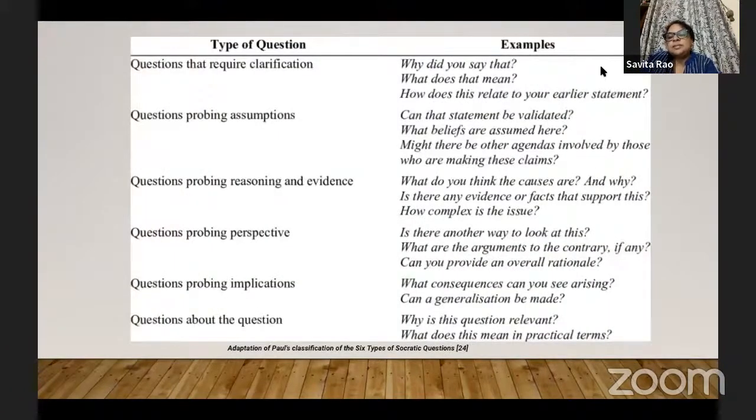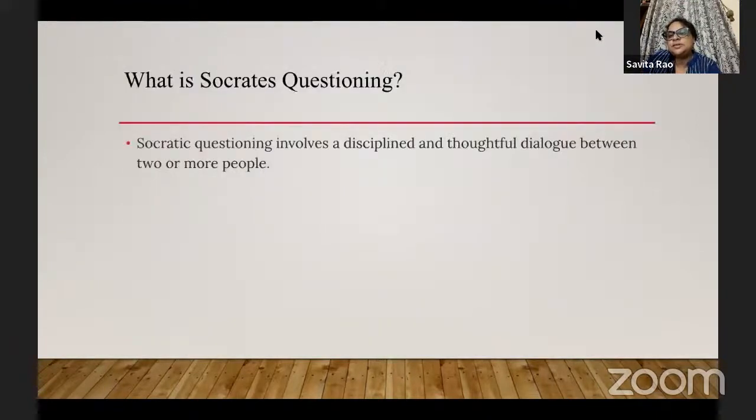I think there's one more slide there, which talks of the definition. So when you look at what is actually Socrates questioning, it is a way of questioning in a very disciplined and thoughtful manner. So here you have a very organized way of putting questions in a very systematic manner, and you are having a dialogue between two or more people.